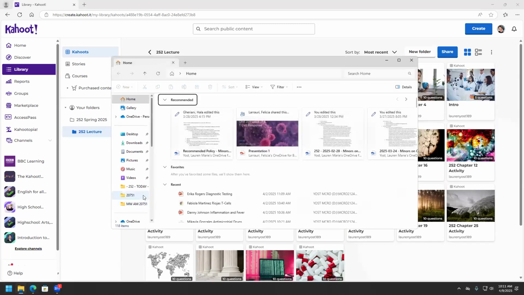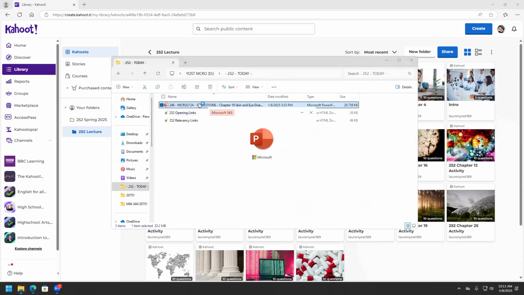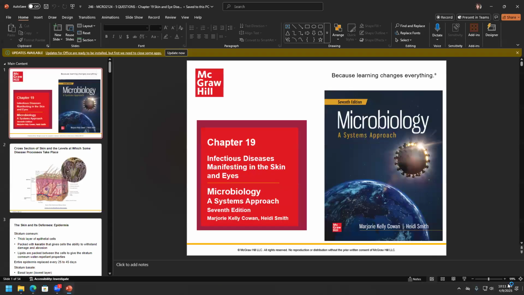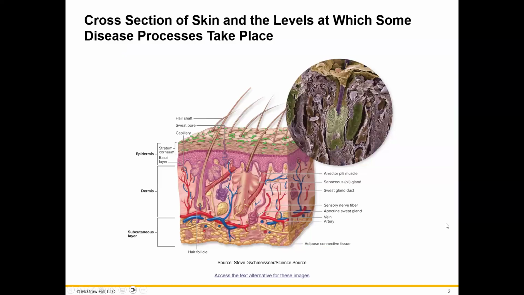Chapter 19. All right, so we're going to get into the skin and eye diseases. I'm not really going to test you on the anatomy of skin.